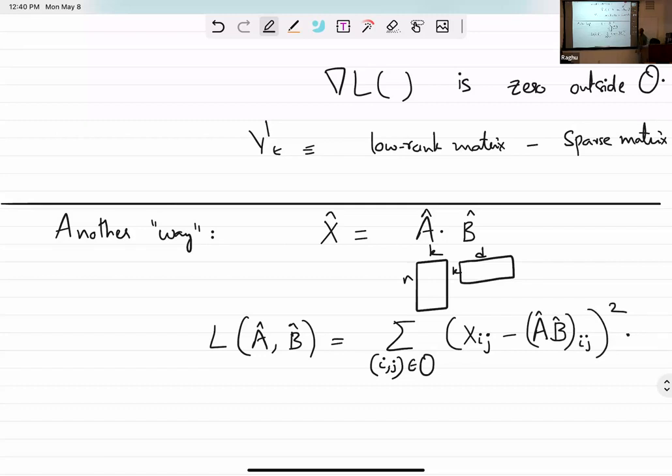You can compute the gradient once again in terms of both a hat and b hat, and then run gradient descent now. But this also does okay. But the earlier method is easier to analyze, and in the cases where it does work, it works better empirically than this. Okay.